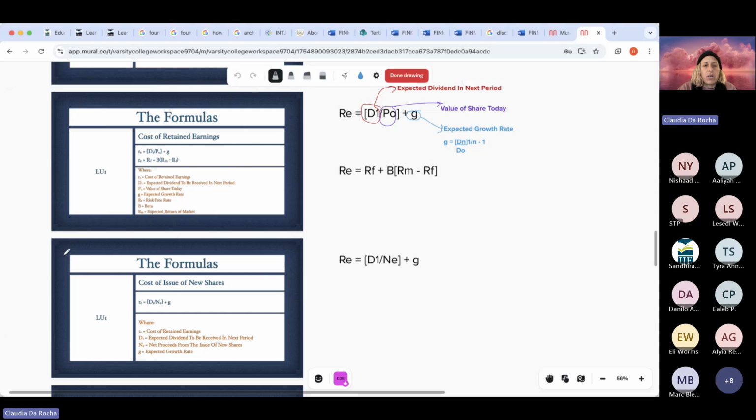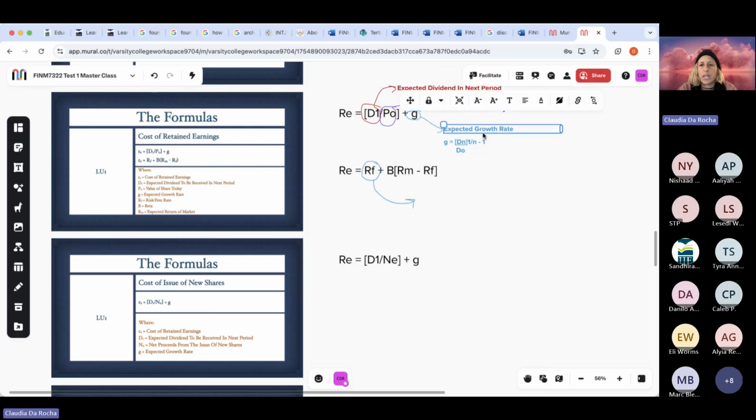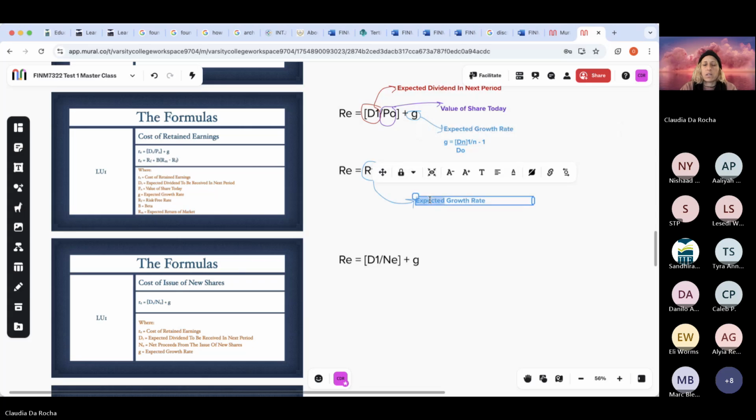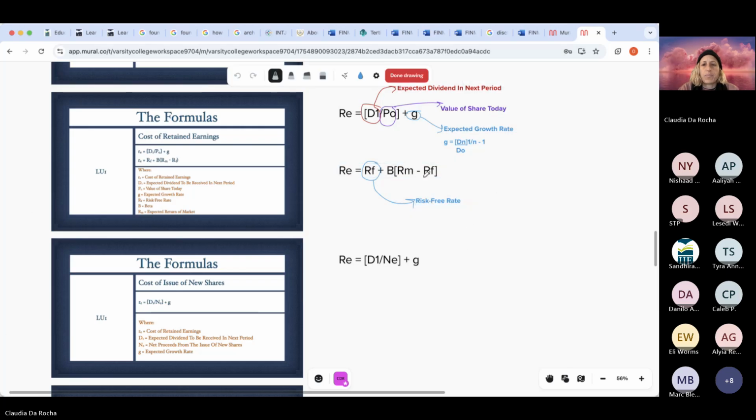Then we have our CAPM formula, which we should all know. Okay, this is the risk-free rate. Okay, same as this one.